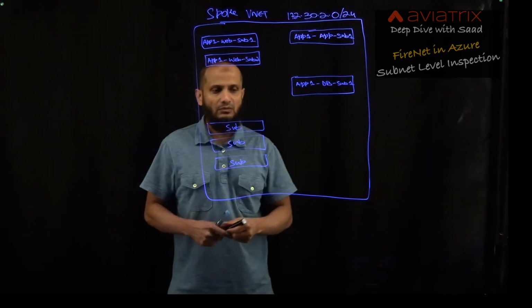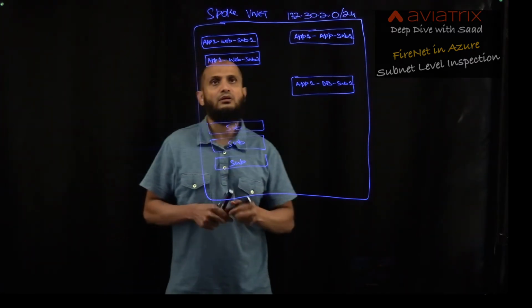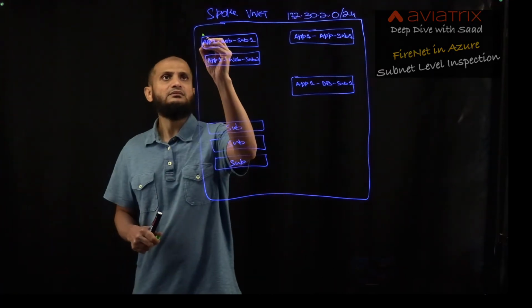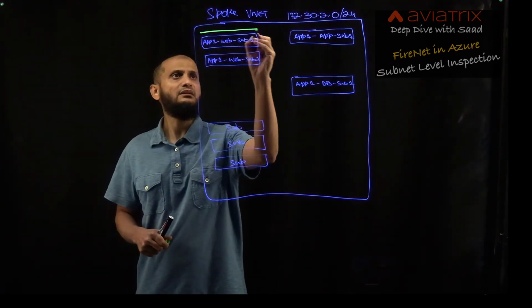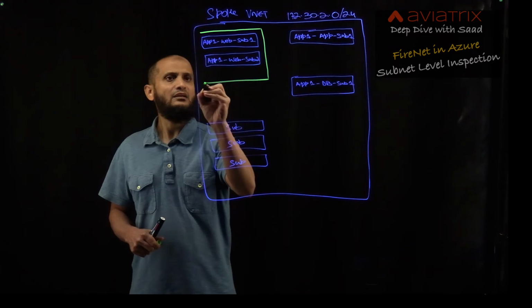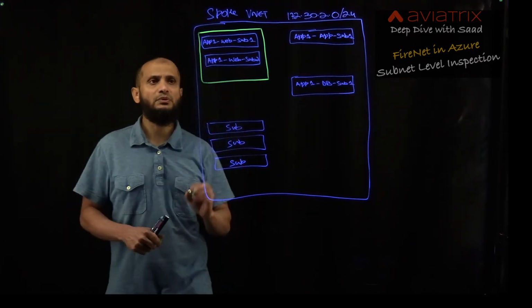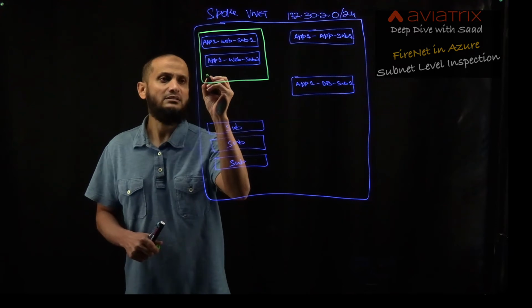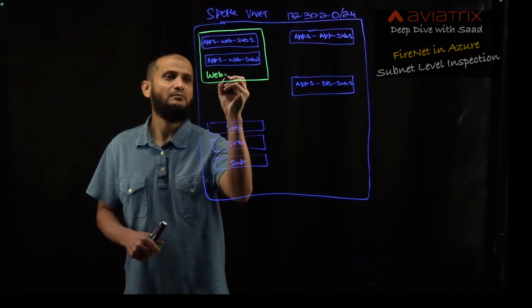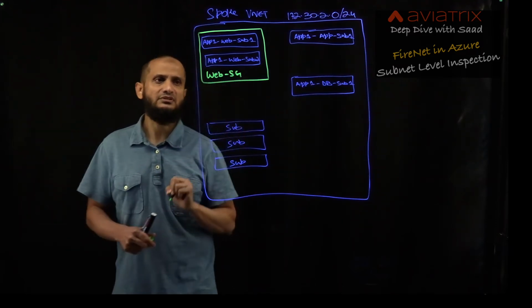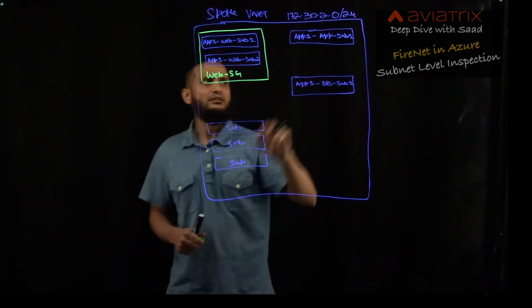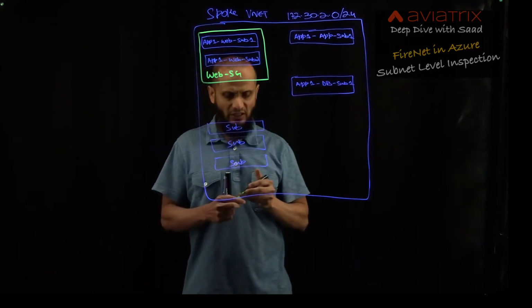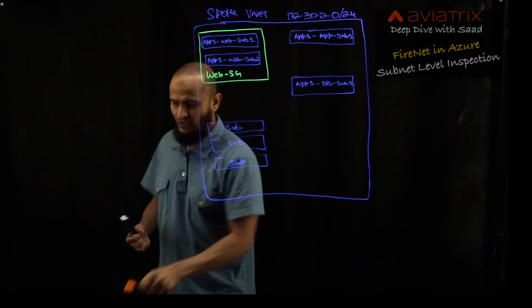For example, you can place these two subnets in a subnet group, and we call it a web subnet group. SG for subnet group. This is the application subnet, so we can use a different color.